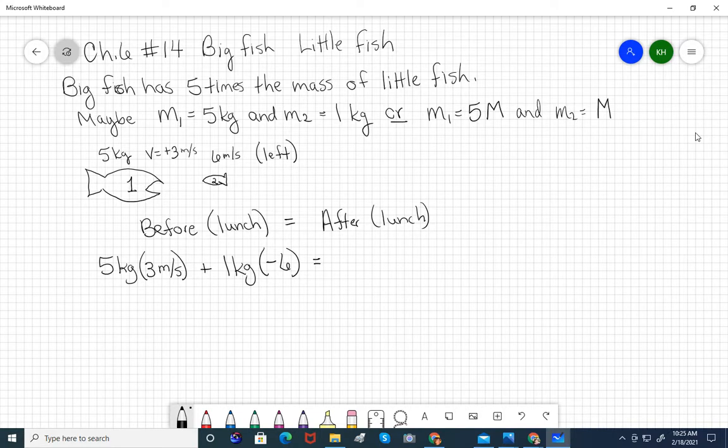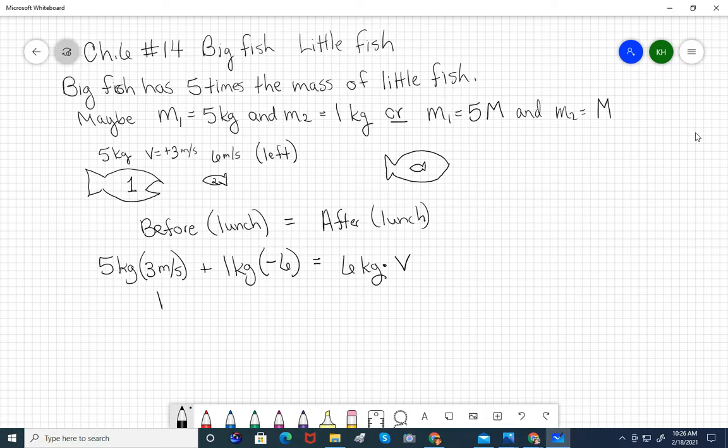Afterwards, what do I have? Afterwards, I have a big fish, and inside the big fish, in his tummy, I have a little fish. So afterwards, I have a 6 kilogram fish, and I want to know, how fast is he going?